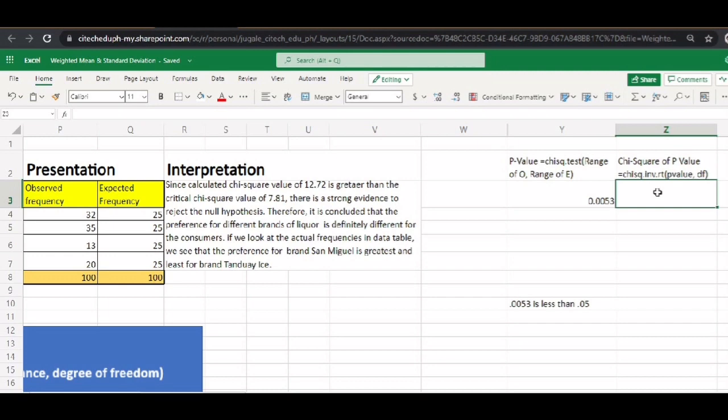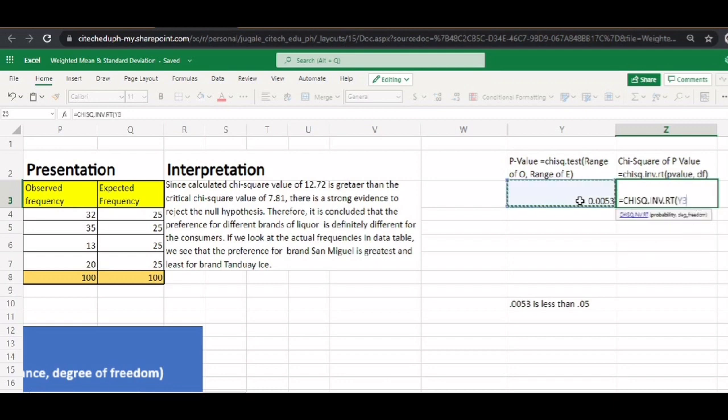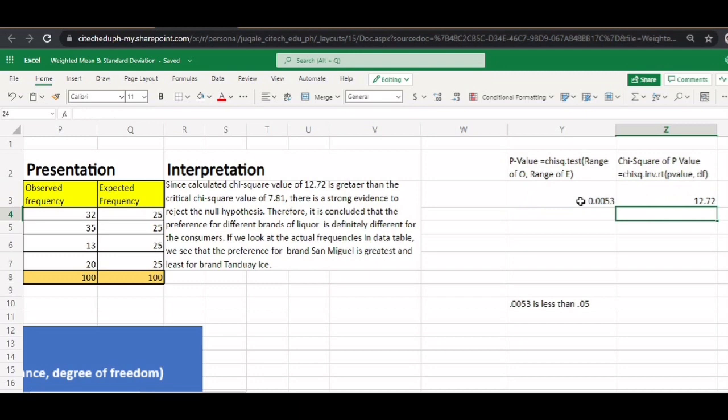And then we're going to get the chi-square of p-value. And we have here the formula also, CHISQ.INV.RT. The p-value, which is 0.0053, and the degree of freedom, which is 3. So it's the same with our chi-square, that is 12.72, right?